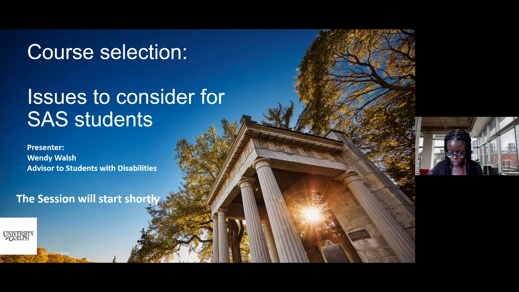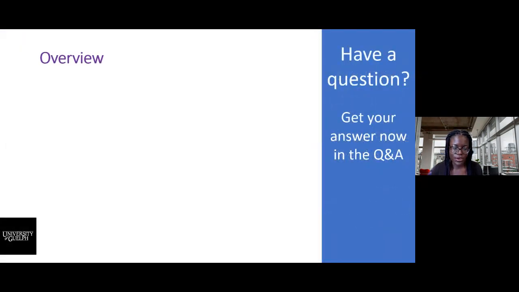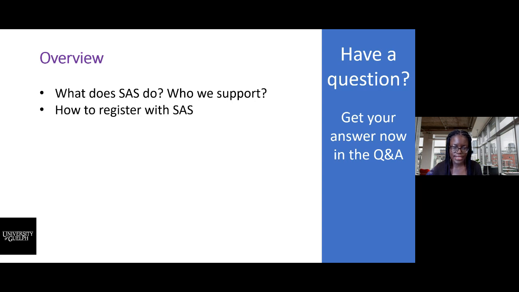Okay, so let's get started. All right, so just to give a quick overview of what I'm going to be talking about today. First, just a review of what Student Accessibility Services does and who we support. Second, just a reminder about how to register with SAS.